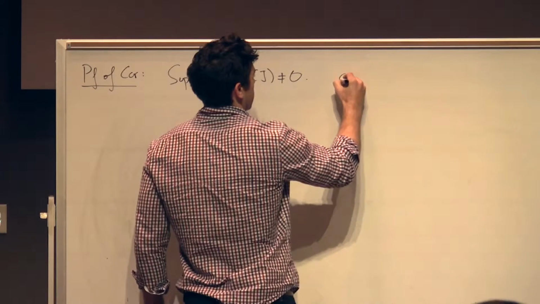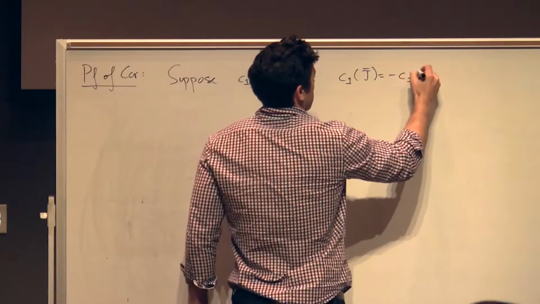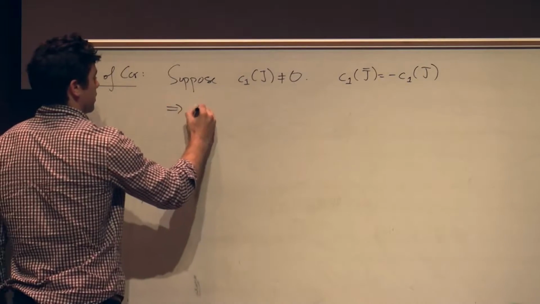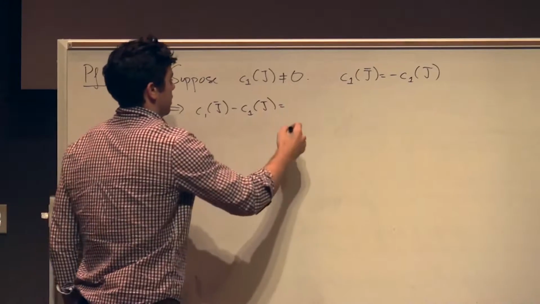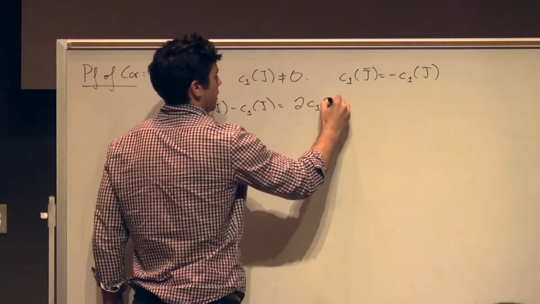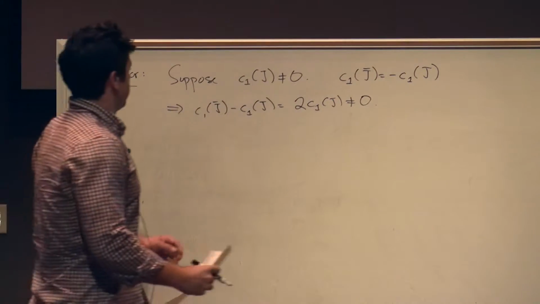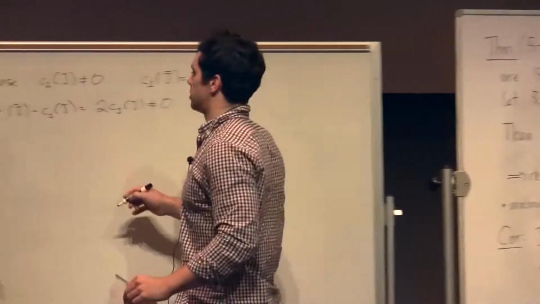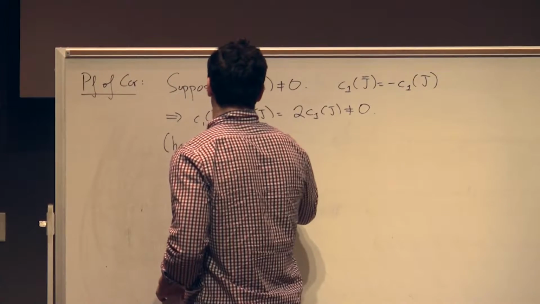Then c1 of J bar is equal to minus c1 of J. And so that implies that the difference is twice c1 of J, which is non-zero. We need non-torsion there, but actually this implies non-torsion. Hence, the difference is actually non-torsion.